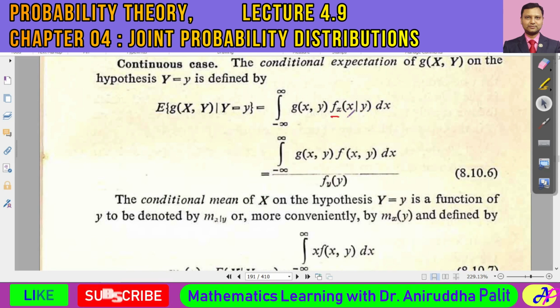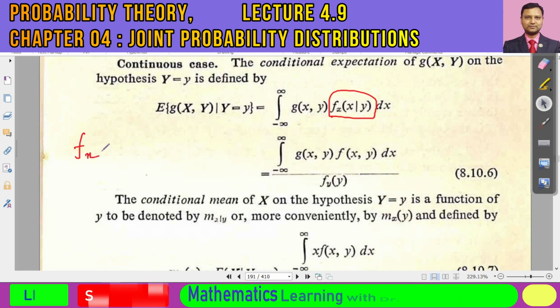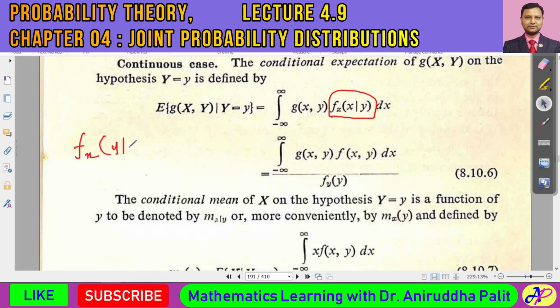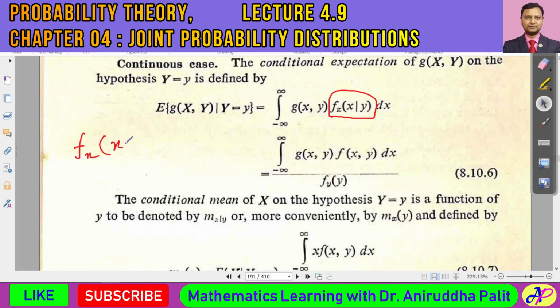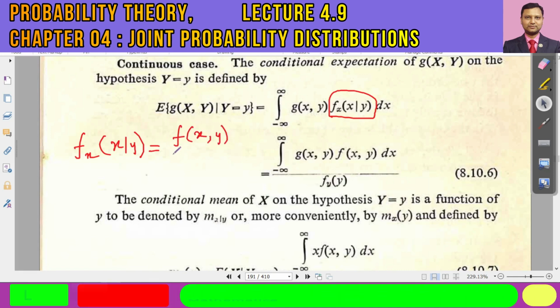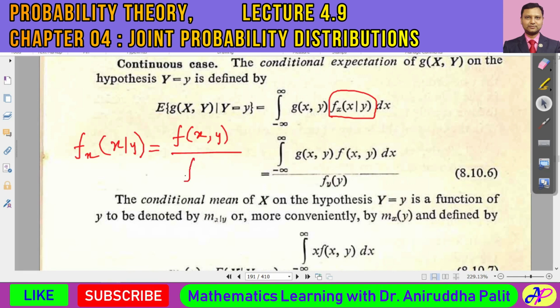Now, what is this expression? This f suffix x within bracket x given y is actually defined in this way: the density function of the bivariate distribution divided by the corresponding marginal density function of y.